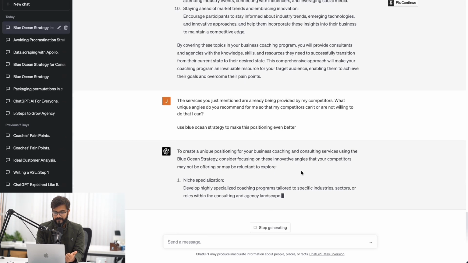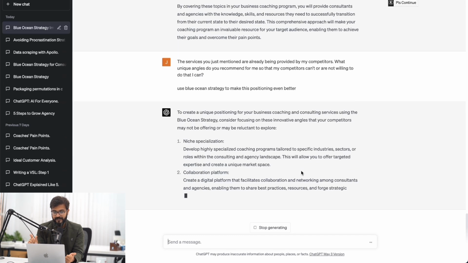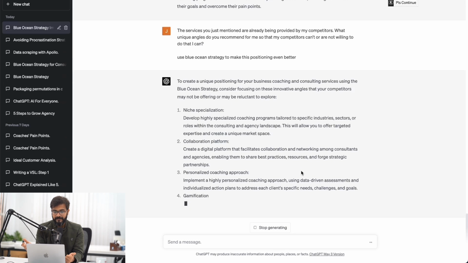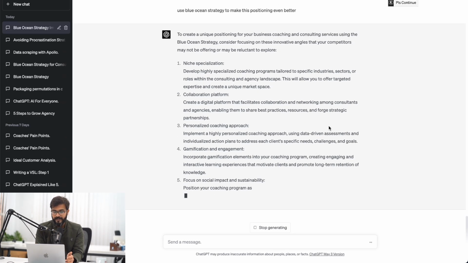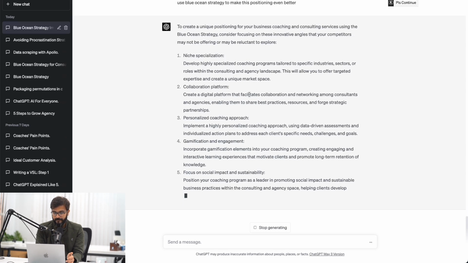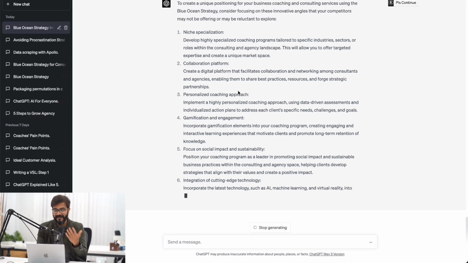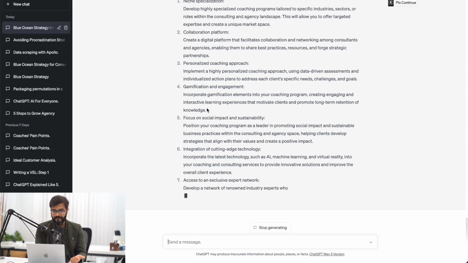Okay, so it says develop highly specialized coaching programs tailored to specific industries, sectors, or roles within the consulting and agency landscape. This will allow you to offer targeted expertise and create a unique market space. Collaboration platform. We can create a digital platform that facilitates collaboration. Bro, this is a good idea actually. Personalized coaching we can provide. Gamification we can provide.